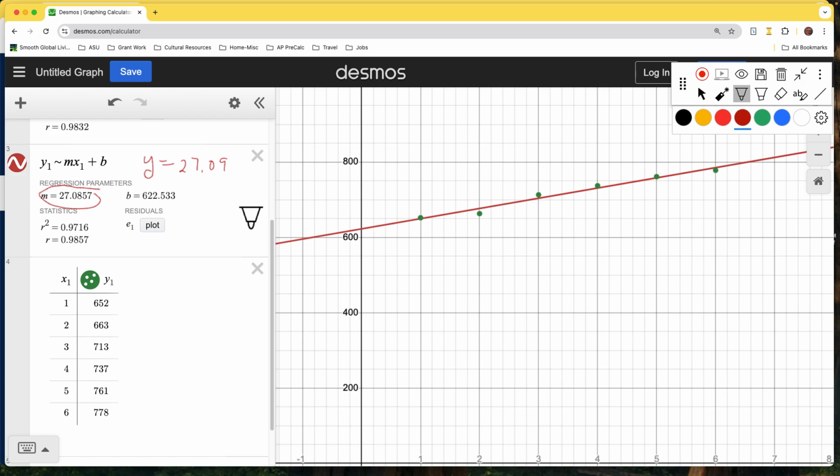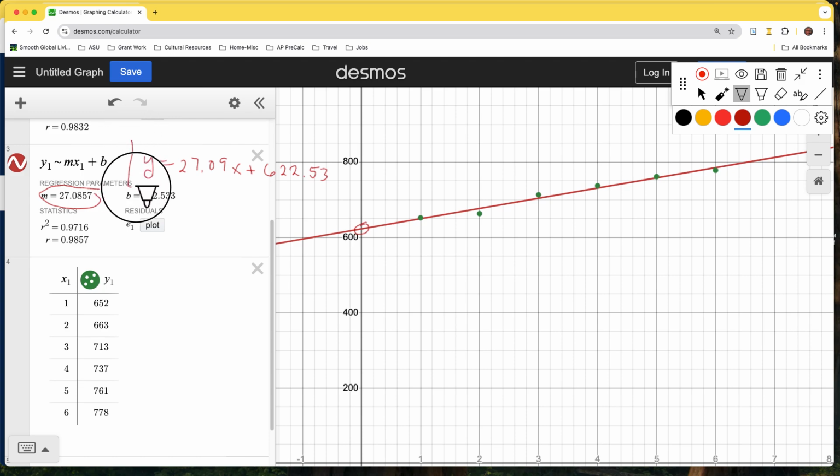Again, yours may be different. I put my x plus, and then my b value, 622.53. And again, that's the y-intercept. So that's really that projected value there. But this is the answer.